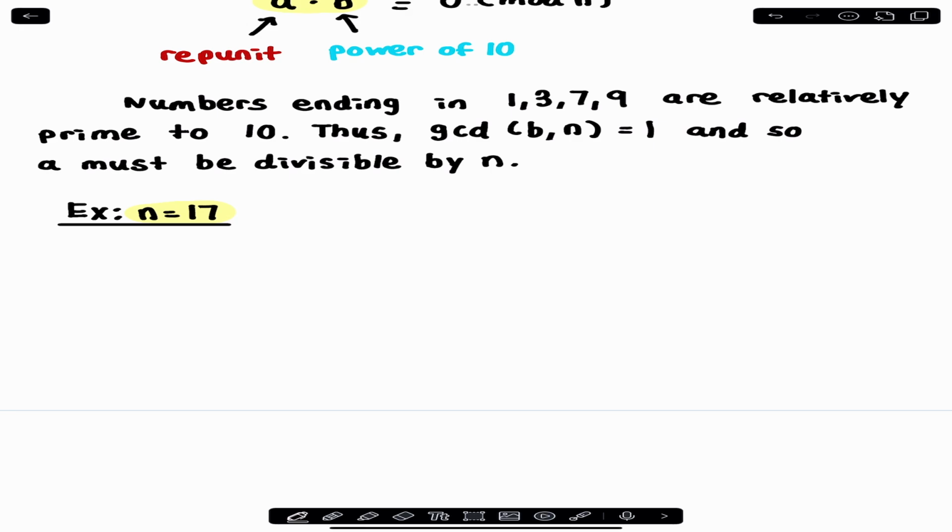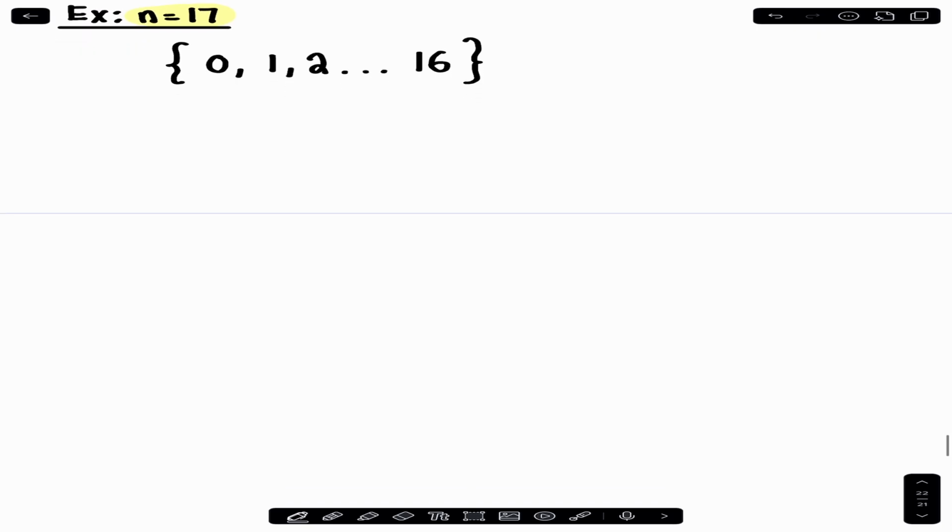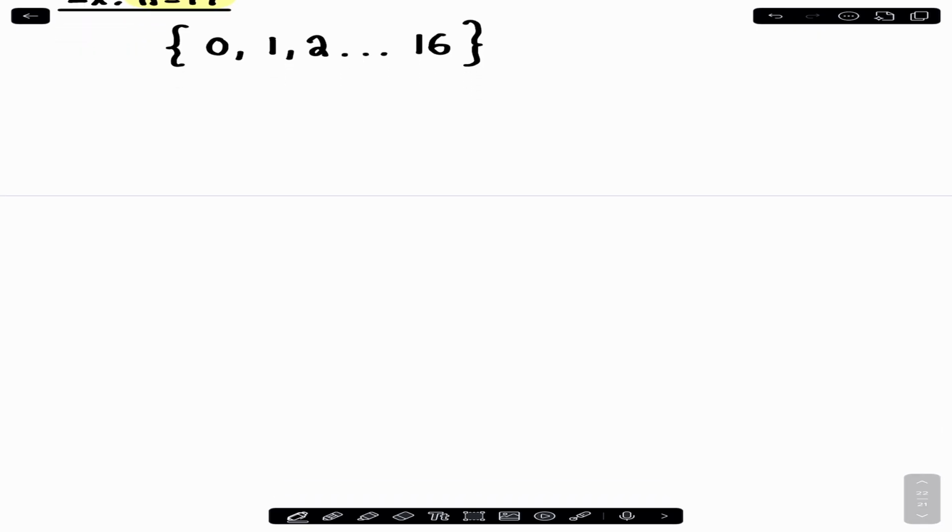So there are 17 possible remainders. Let's first remember that. Upon division by 17, you could either leave a remainder of 0, 1, 2, all the way up to 16. And since n equals 17, that means we have 18 rep units to examine.